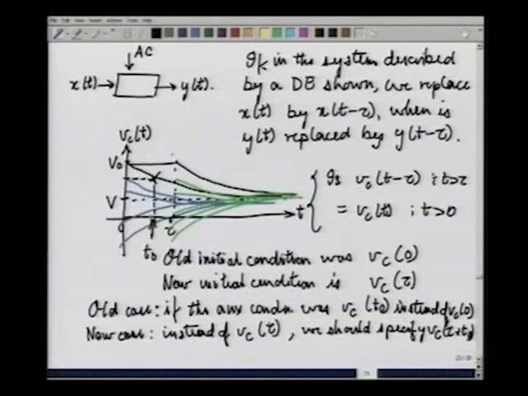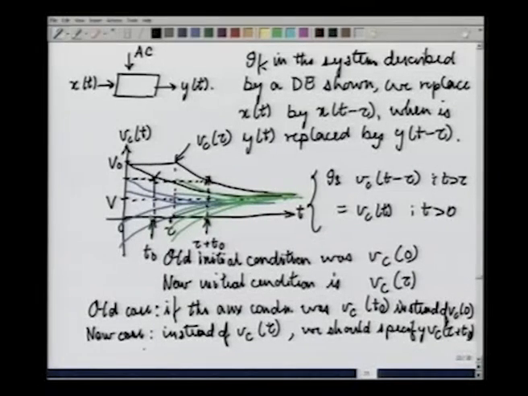So, earlier we had specified Vc of tau, which was this. Now we will specify Vc of tau plus t naught, which is somewhere over here, and we will specify this value, which of course will turn out to be exactly equal in magnitude and sign and everything to the same value as Vc of t naught for the earlier case.